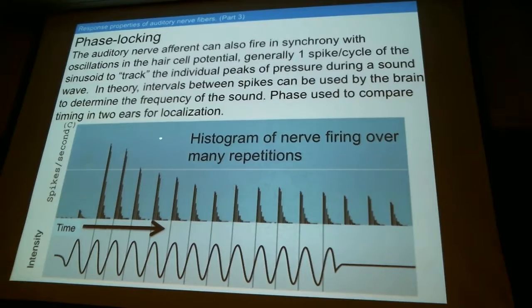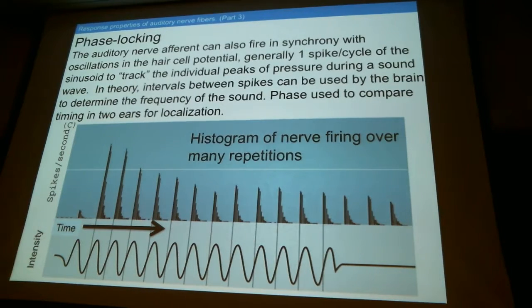Okay. And so what that looks like, if you record from a nerve over many repetitions and create a histogram of when it spikes, okay, this is the sound stimulus, you can find that you get this very peaked histogram. So it tends to spike at a particular point along the sine wave of the pure tone. And that's the phase part of the phase locking.